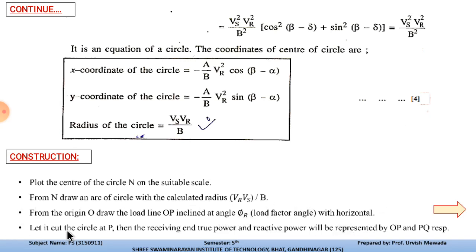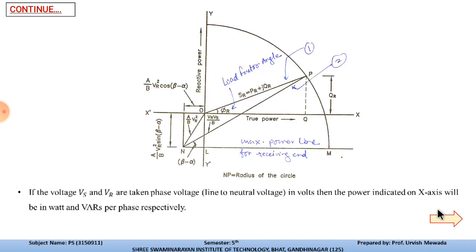Now let it cut the circle at P. So the circle which is cutting at the point P, then the receiving end true power and reactive power will be represented by OP and PQ. So OP and PQ represent the real and reactive power components.